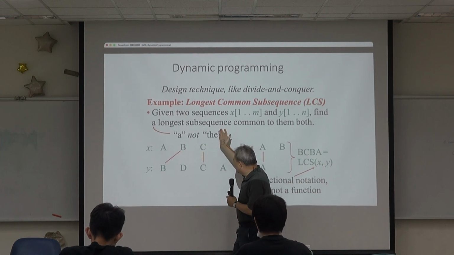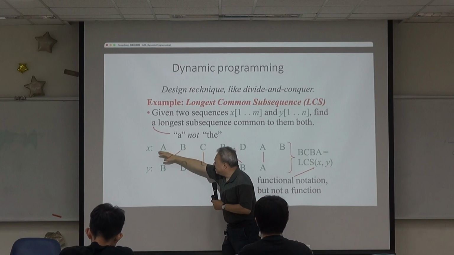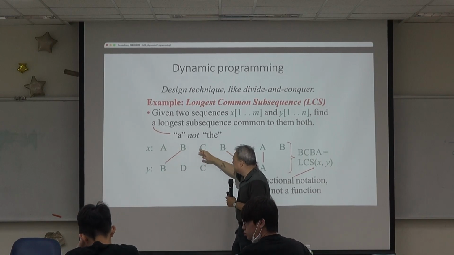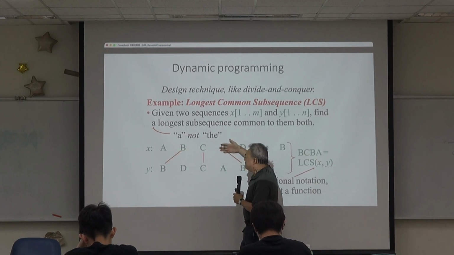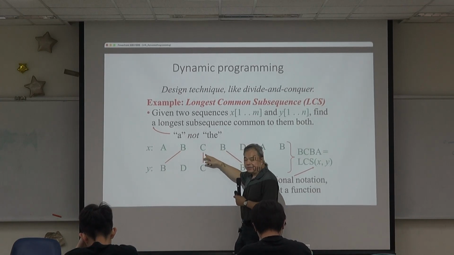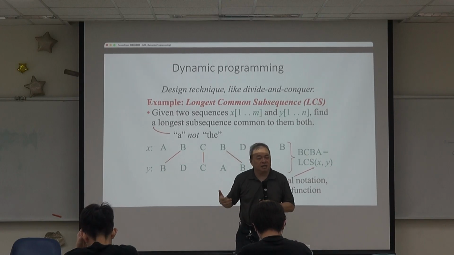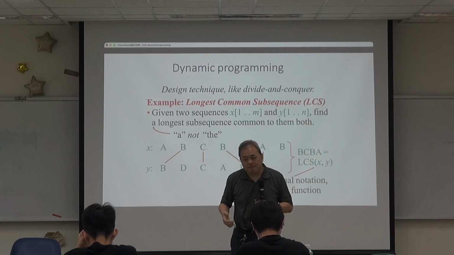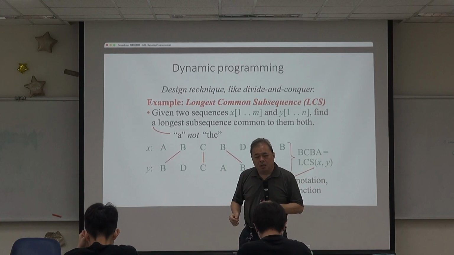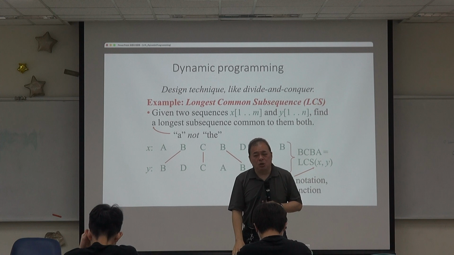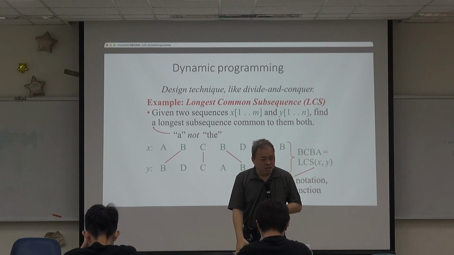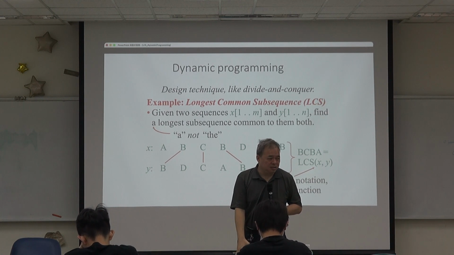So any length starting from the beginning, ending somewhere. For example, ABC, we call it a prefix of X. So prefix is not unique for a given sequence. But if I tell you a prefix of a certain length, then it is fixed.